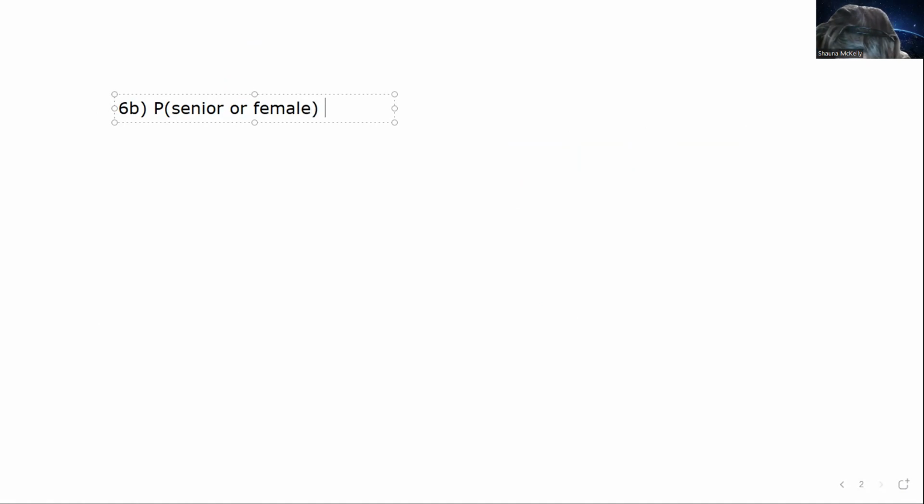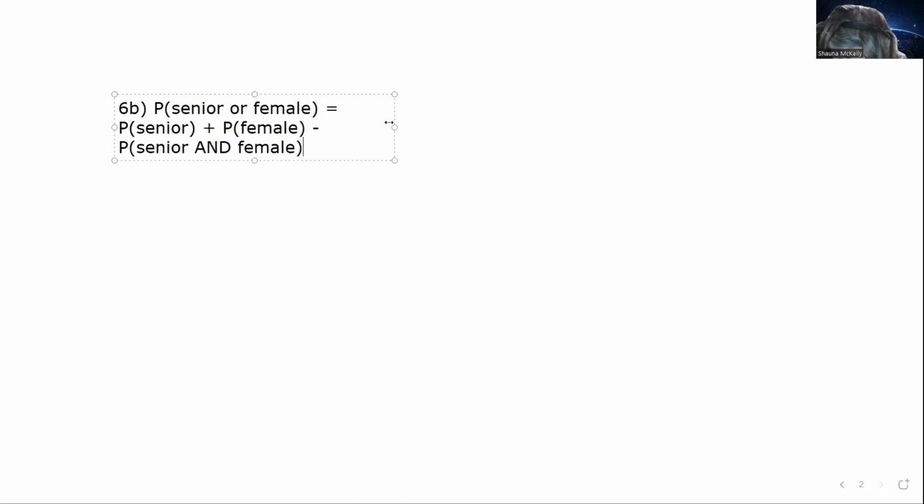So here we get the probability of being a senior plus the probability of being female minus the probability of overlapping senior and female. Okay, senior and female.